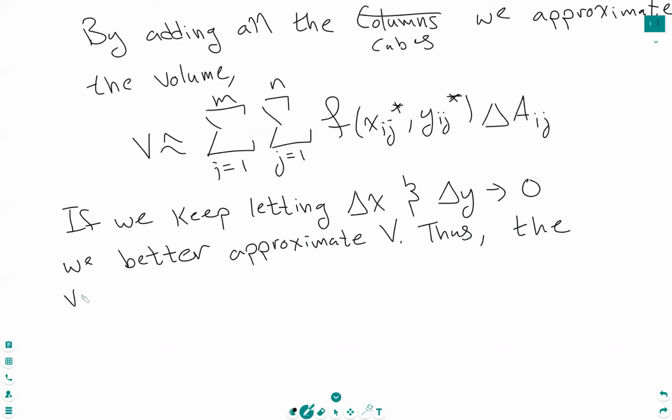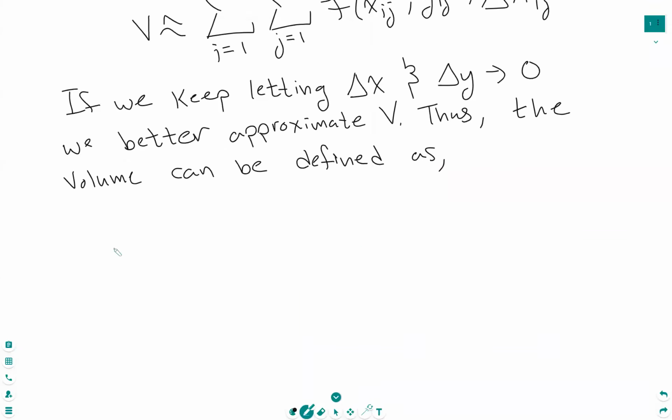Thus, the volume can be defined as the limit as both the changes of x and y go to 0 of our sum. Now, of course, m and n change as this goes down.